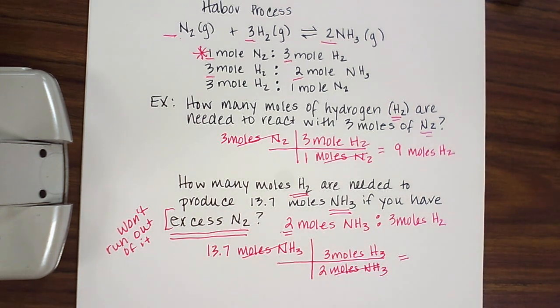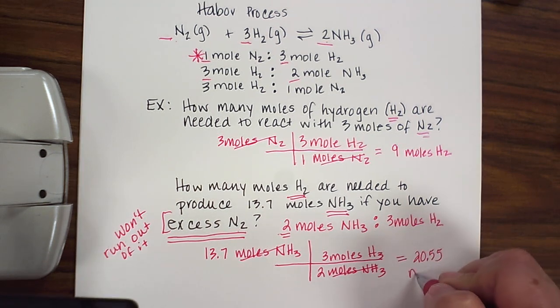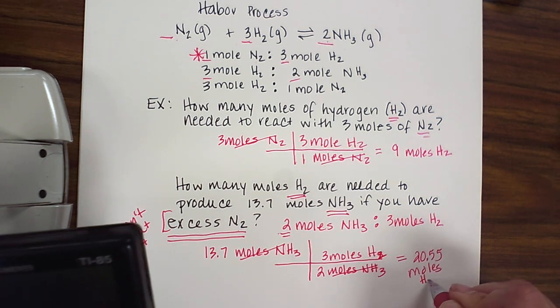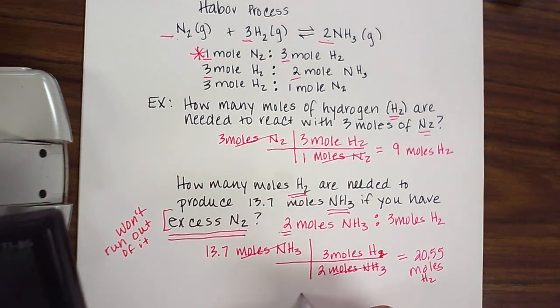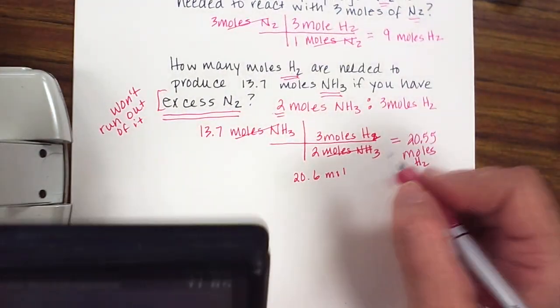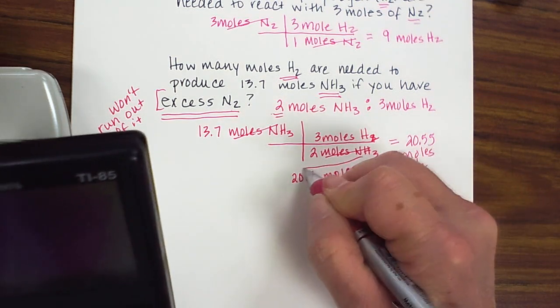Now on my calculator, I'm going to take 13.7 times 3 and then divide that by 2. What I get is 20.55 moles of H2. But I only get 3 digits, so 20.6 moles of H2. And that's my answer.